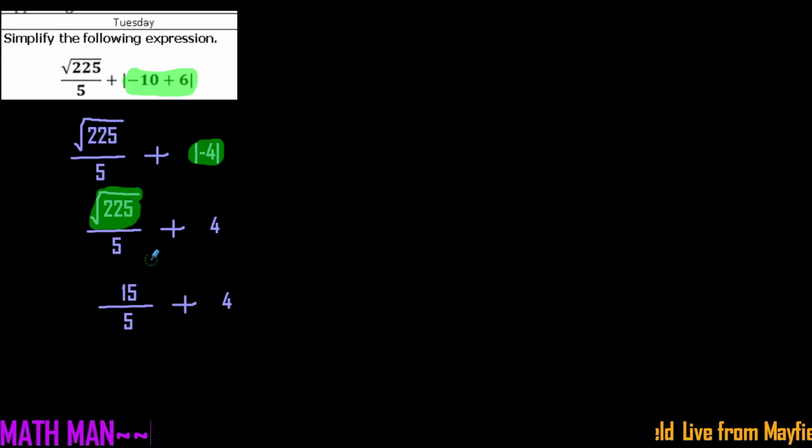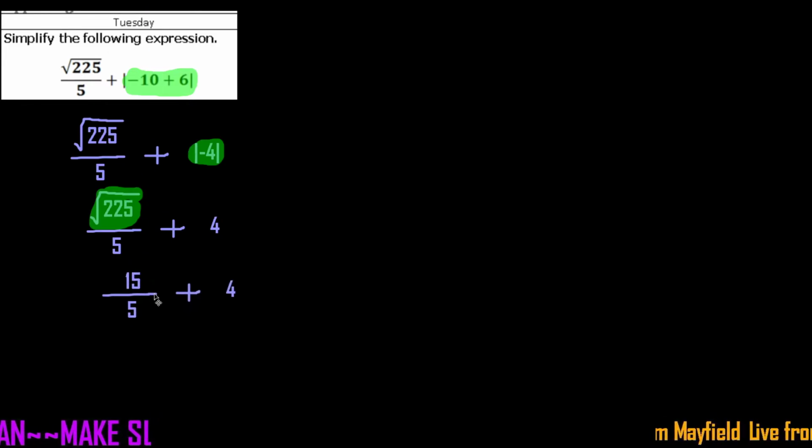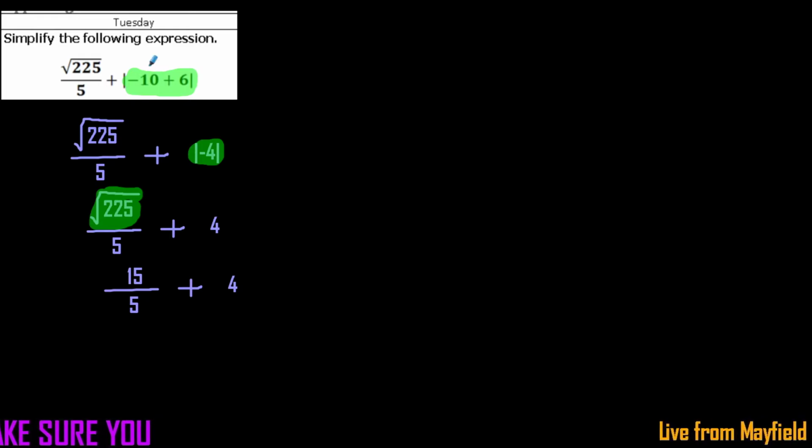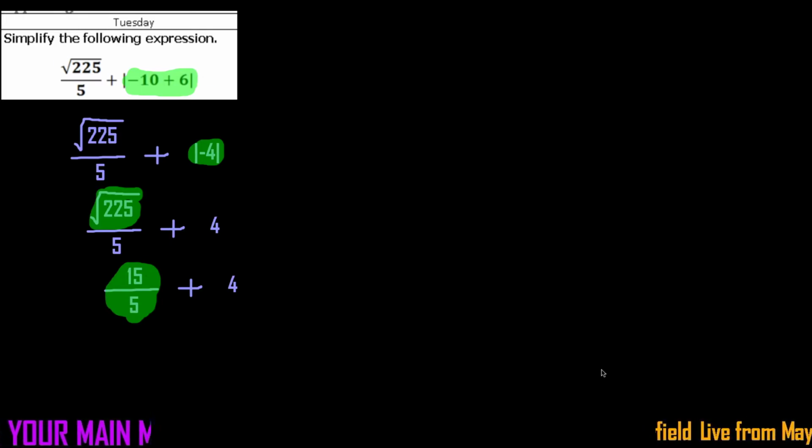Again, making sure you work left to right. You can say that 15 divided by 5 is what we're going to work next. And so we can say that's going to be 3. So we're going to very simply have 3 and then plus 4, which is the same as 7. So you can make sure that you have that in there.